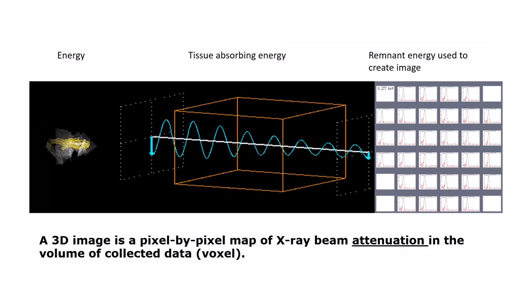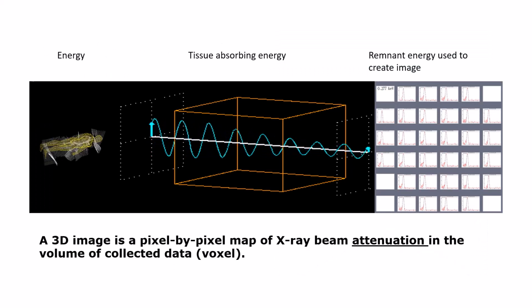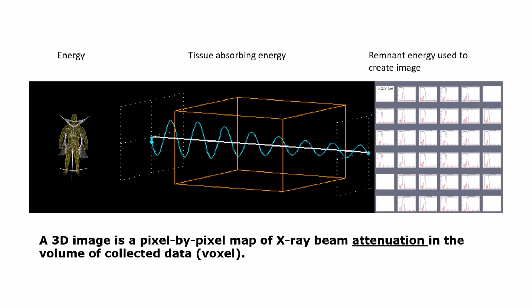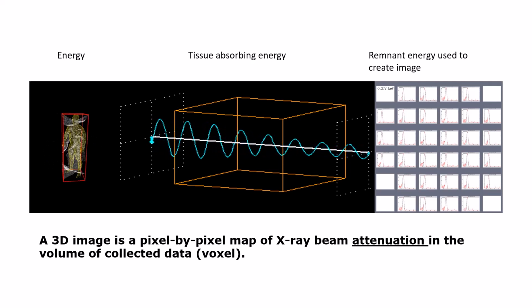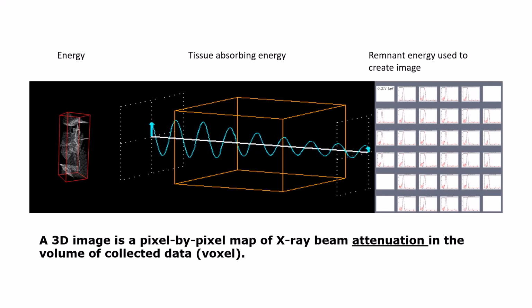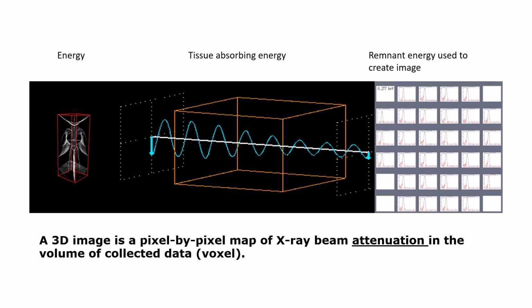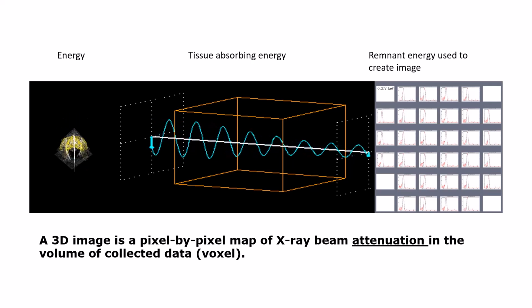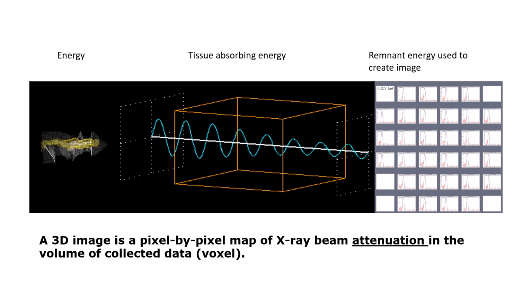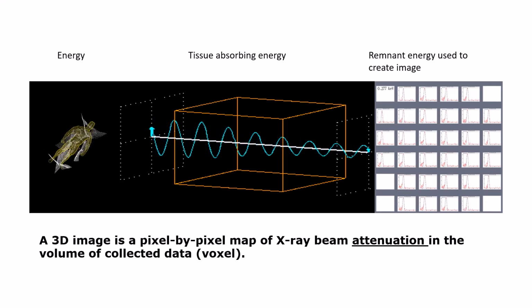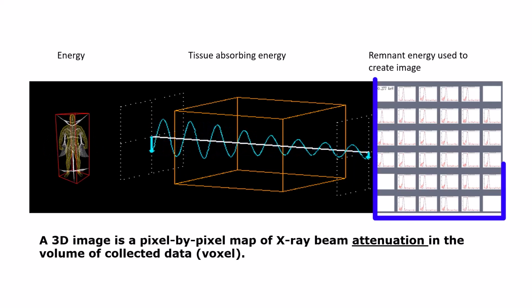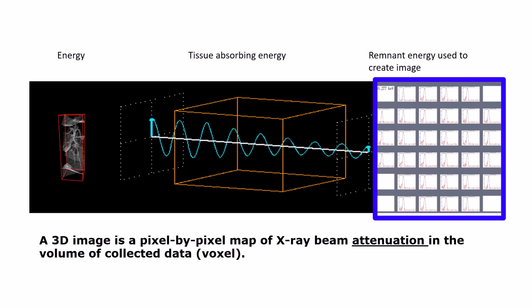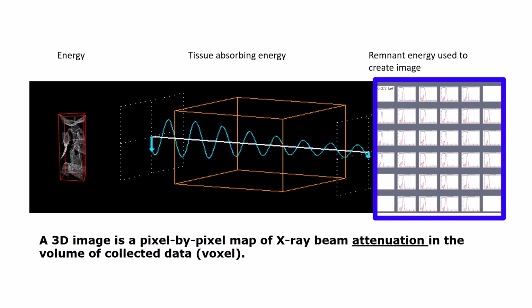Let's look at this process with X-ray acquisition. Here we can see X-ray is being absorbed by the tissue, and it's changing the energy through absorption. The remnant energy, or the energy that comes out of that interaction, is recorded, and this creates the data that we use to make our image.